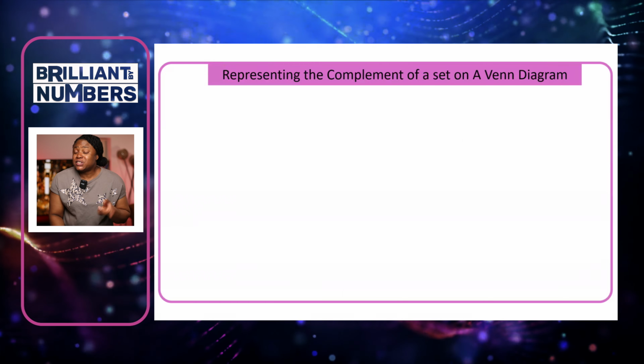So similarly to how we represented A on a Venn diagram, what then does a complement look like on the Venn diagram? So remember, we put A in a circle, and all the elements in that circle represent all the elements in set A. Now, if the complement of A is what is not in A, what do you think that Venn diagram is going to look like? So I'm going to put it on the screen and you tell me if that's what you guessed in the comment section.